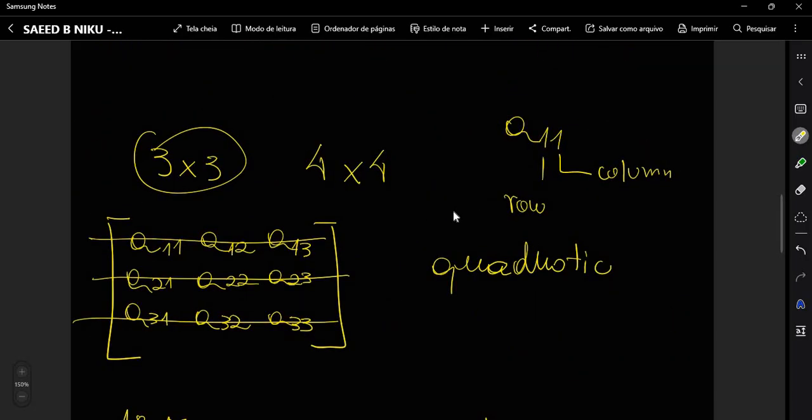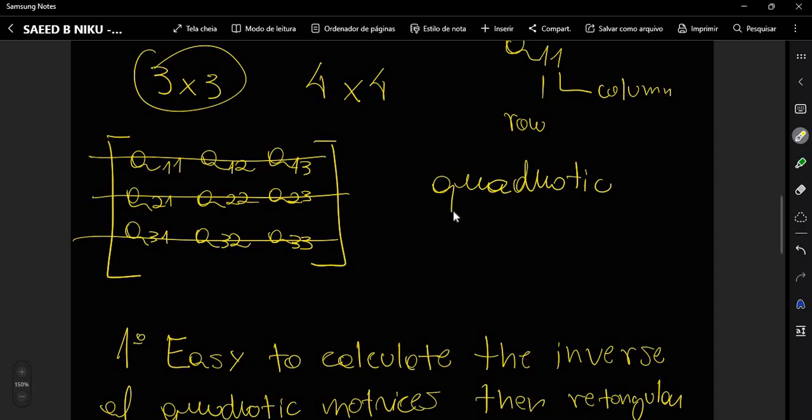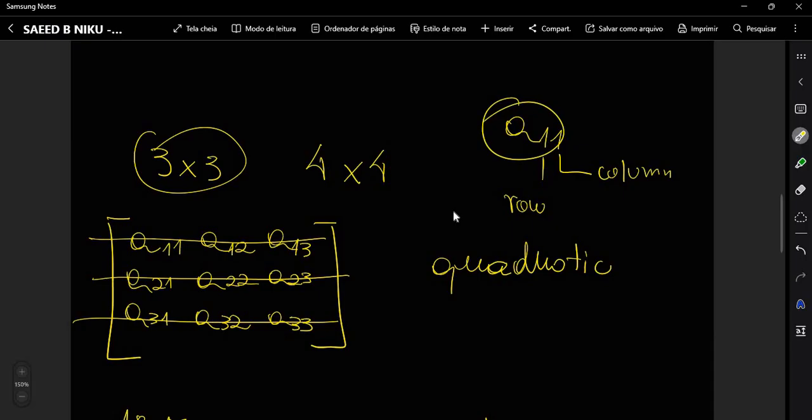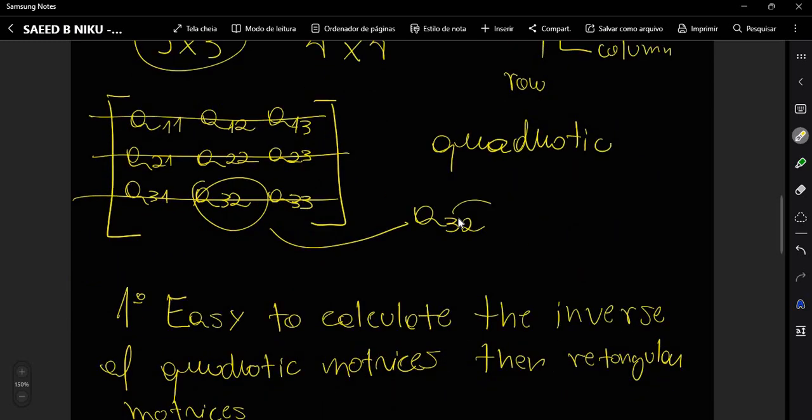So as we were seeing right here, let's do it again. Another example. Let's see this element A32. 3 is the number of the row, and the second number is the number of the column.